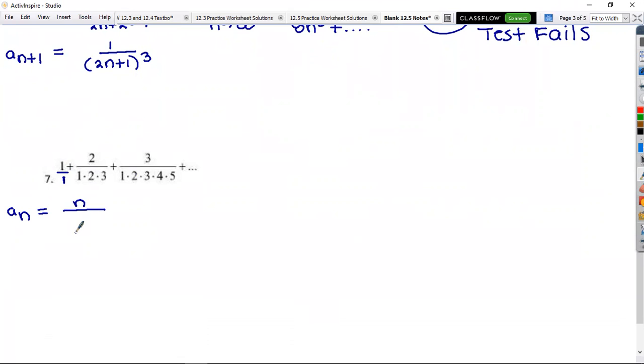Written out 1 times 2 times 3, 1 times 2 times 3 times 4 times 5. What are those? Factorials. Yep, very good. So this is going to be your first example that uses the factorials. And yes, I know they're written in reverse, but it means the same thing, obviously. This is 5 factorial.